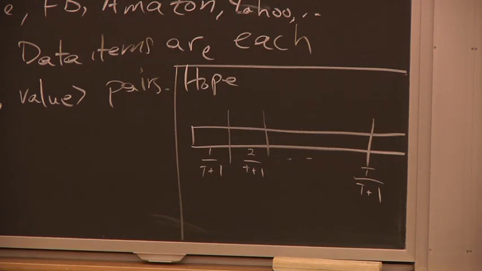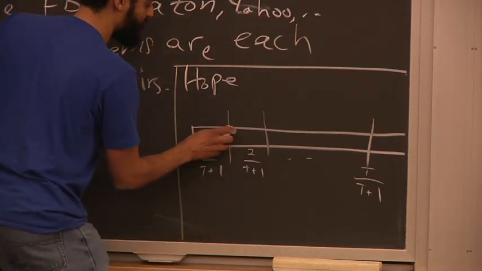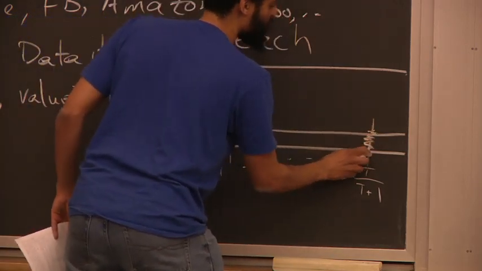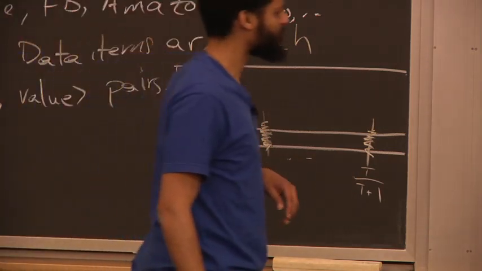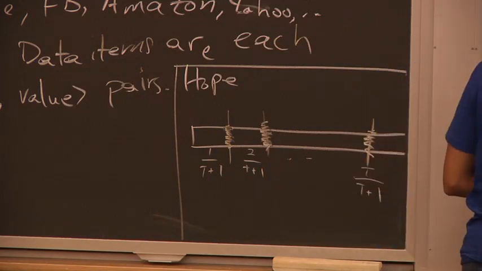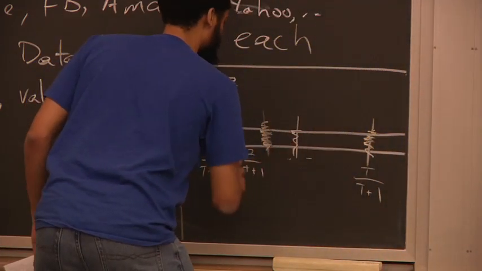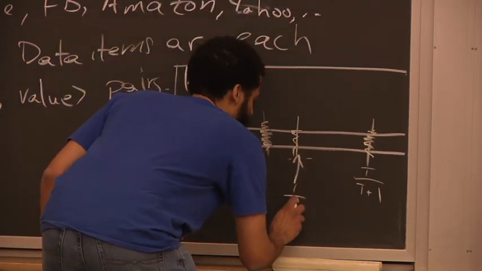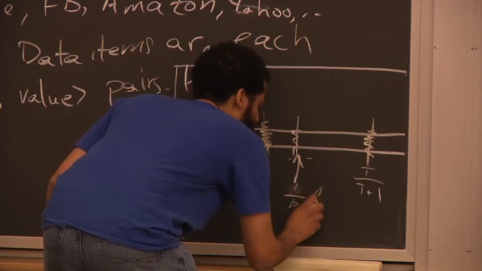What I hope is that these are the guys who got sampled, in the sorted order. And then what I'm going to do is look down to the level where this is a 1 over p fraction.